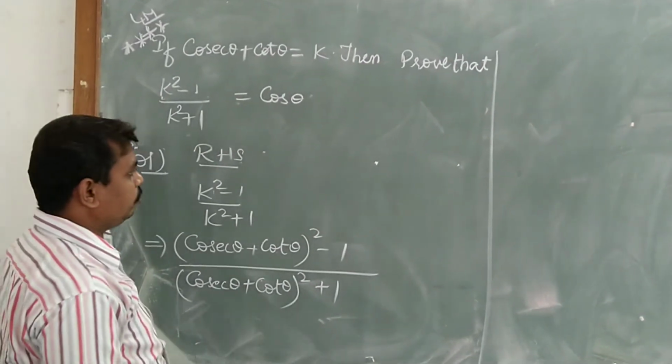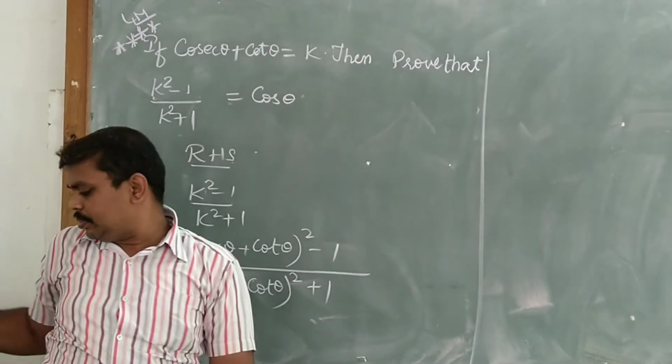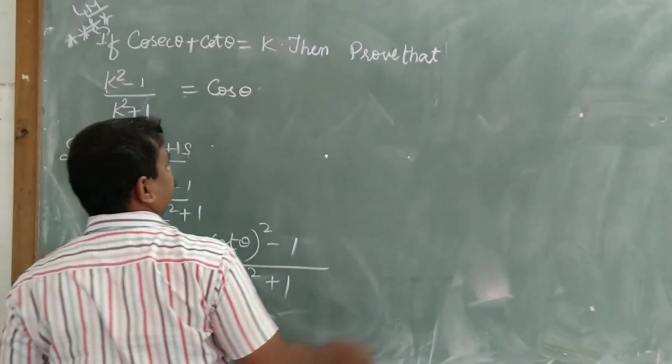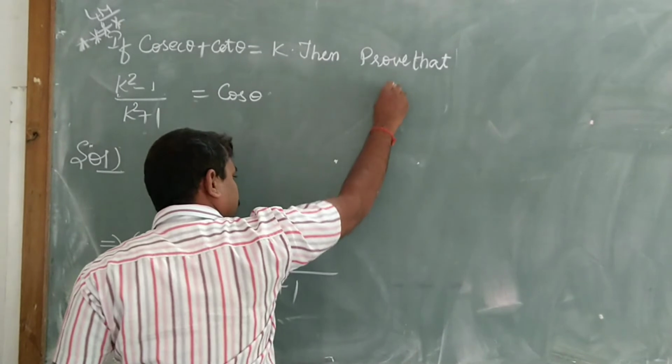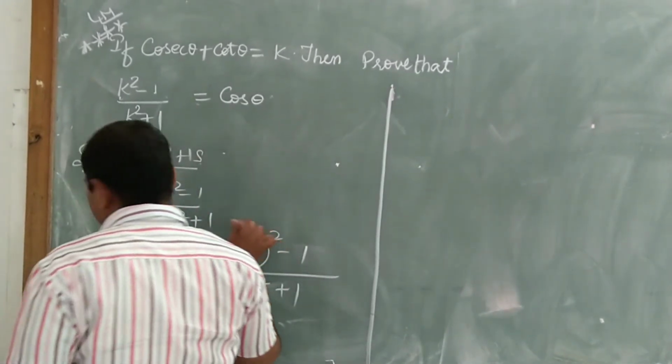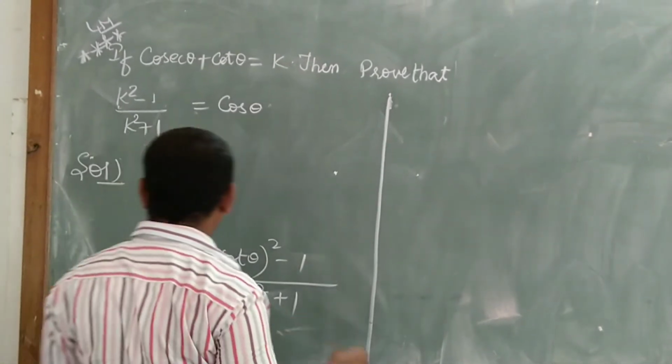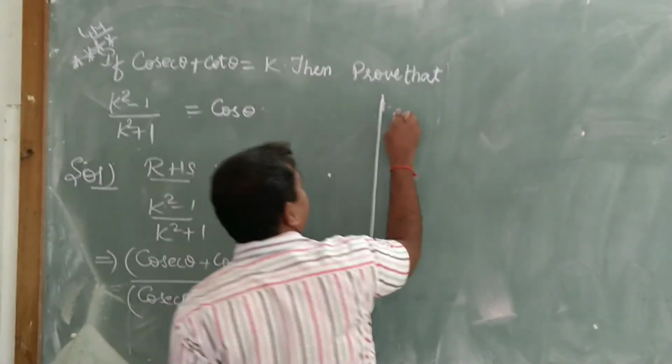Okay. Now you just try to expand this, students, here. When you try to expand (a plus b) whole square, what is that one?